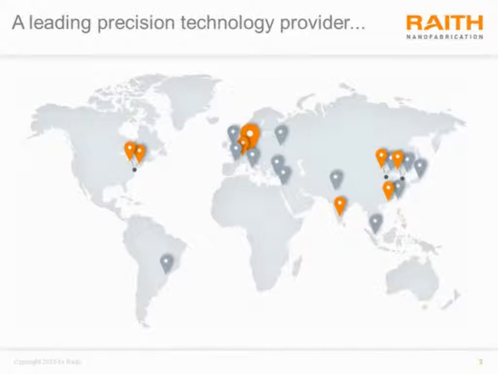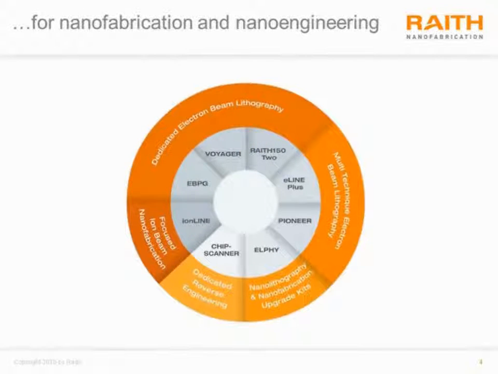Raith is a leading precision technology provider. We have Raith staff and partners around the world who are supporting Raith instruments. These instruments are often used in nanofabrication and nanoengineering. We have a wide variety of dedicated electron beam lithography and multi-technique electron beam lithography instruments.